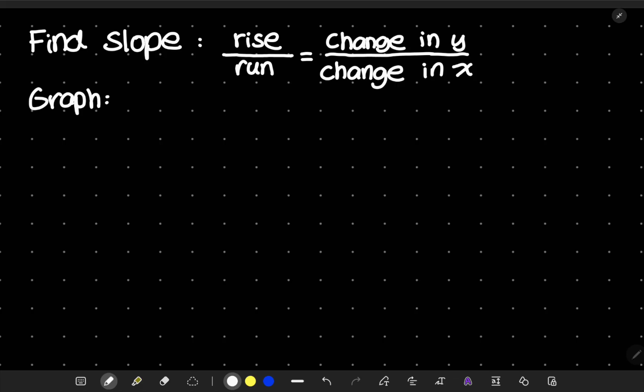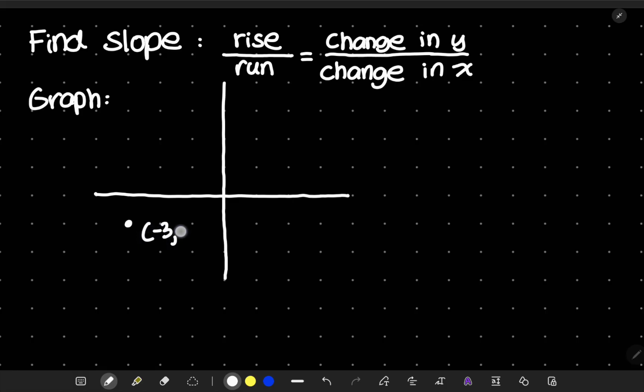So let me just propose this as an example. We're going to have two dots here. So I'm going to draw my linear equation here. I'm going to draw it at this point, which is the point -3, -1. And we're going to have this point up here, which is going to be 1, 3 this time.